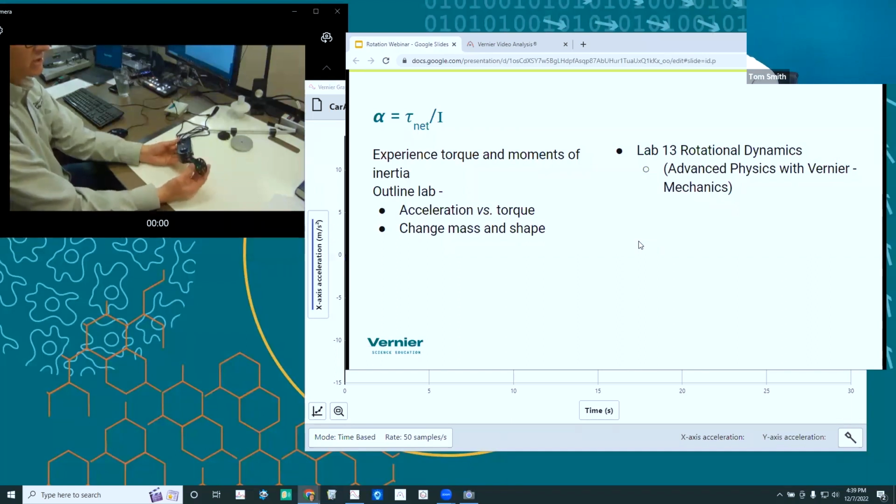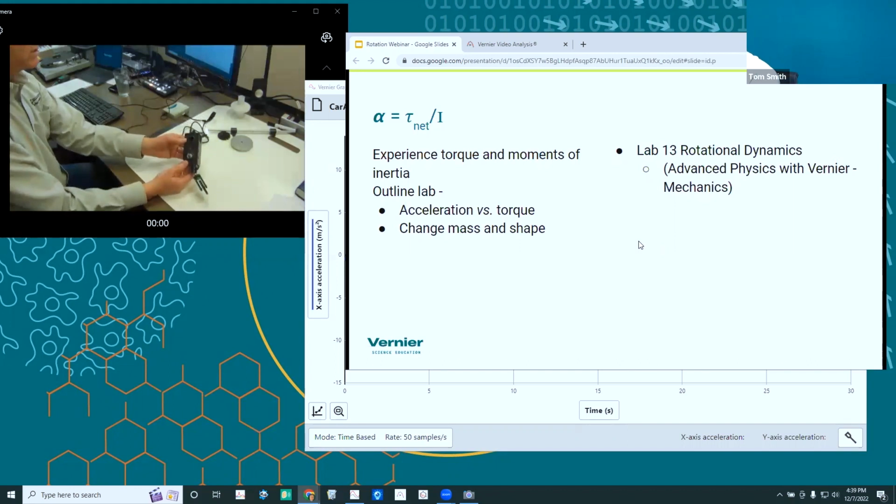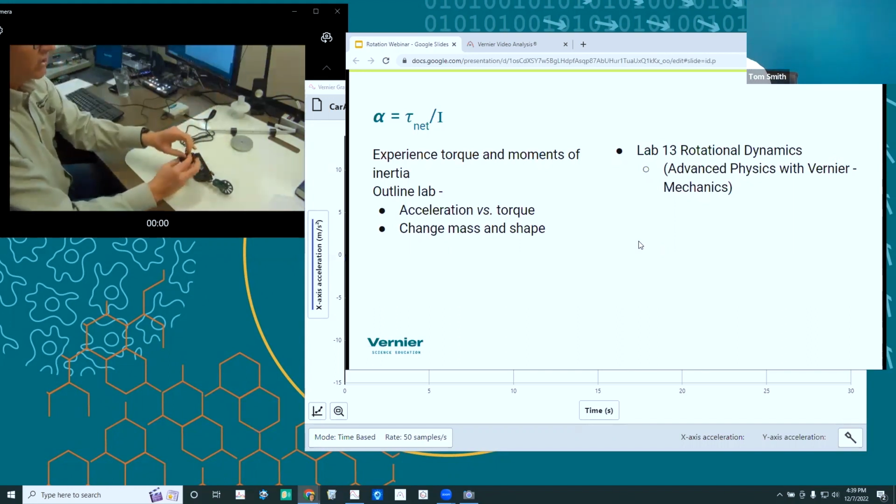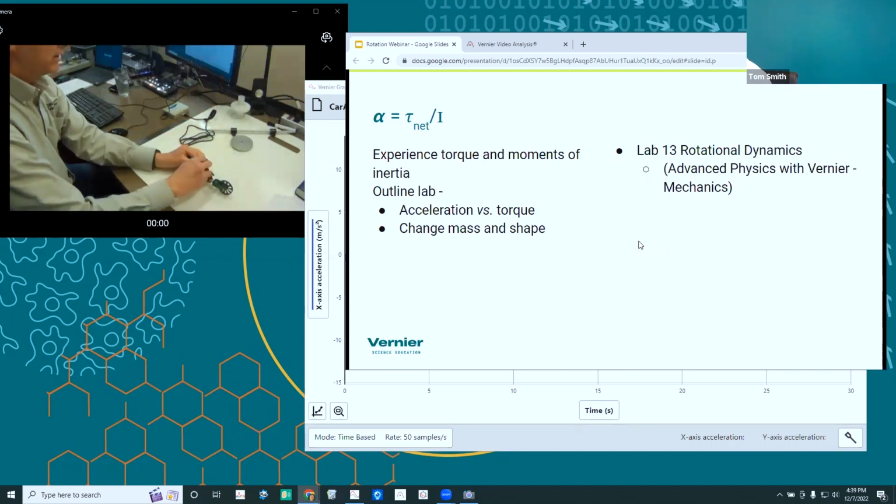And it just attaches to the pulley and screws into the end of the rotary motion sensor. This is the axis of the rotary motion sensor. This is going to sit on top of a ring stand, and then you would put this pulley wheel on here.